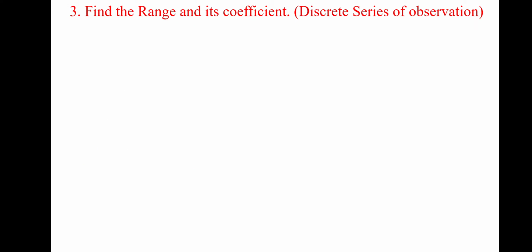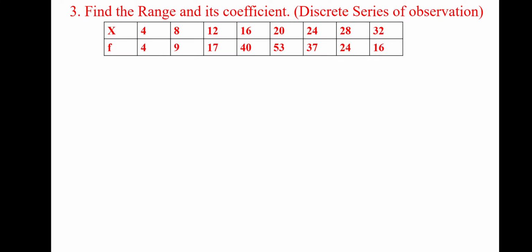Now next, discrete series of observation. In discrete series, the data comes in the form of x and f, two rows. In this, one value is fixed and the number of times the value is repeated is given. So in the solution, we need to check only the first row, that is the x row. We will check in that only.